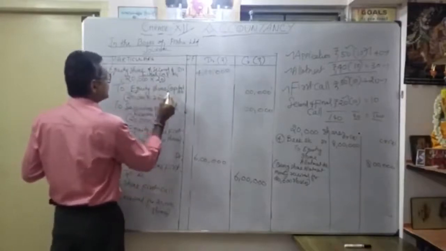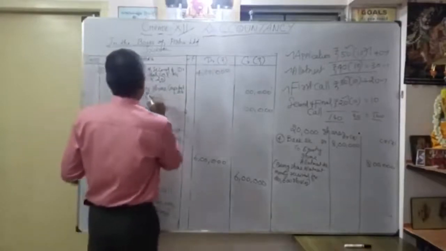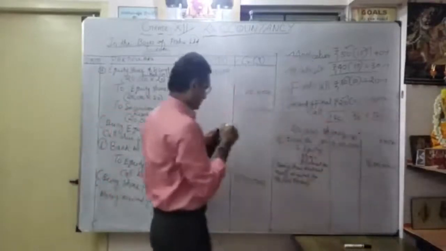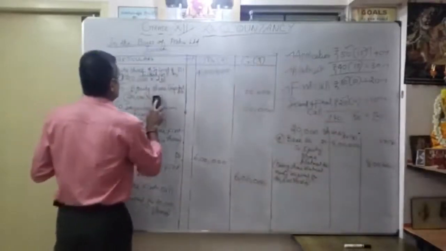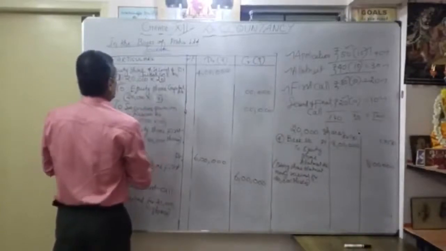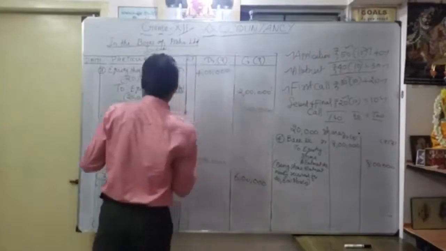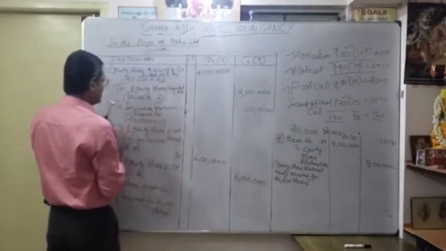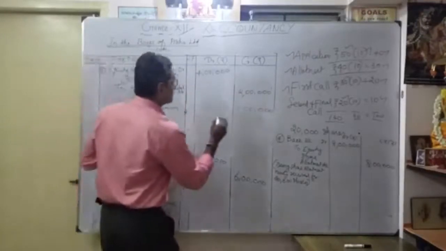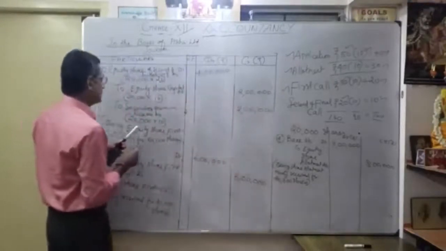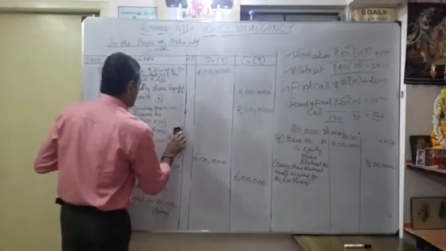To equity share capital account, how much? Again 20,000, only 10. Correct? So it becomes 2 lakhs. Securities premium reserve also only 10, becomes 2 lakhs. You understood now? Simple. So narration being equity share second and final call.